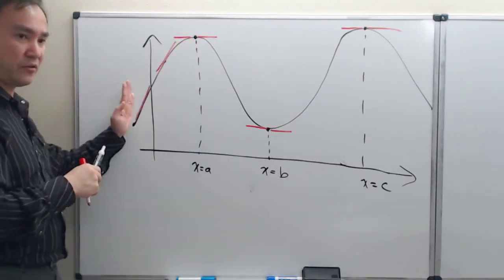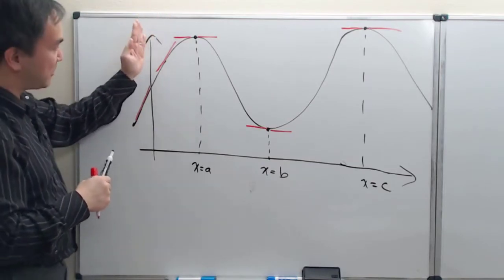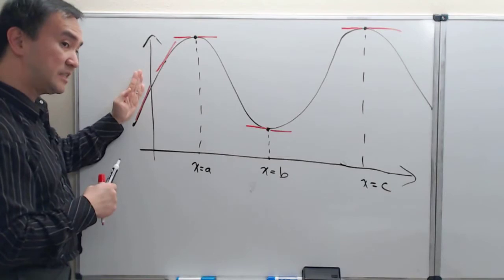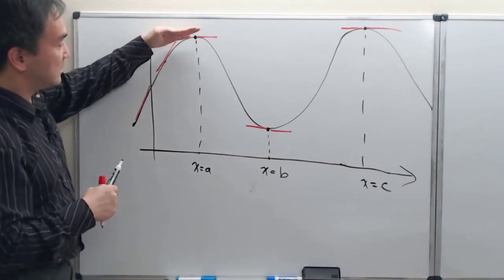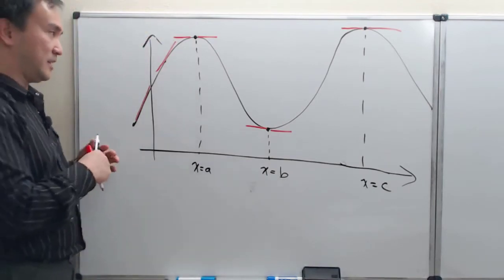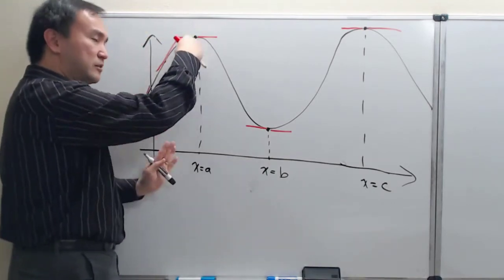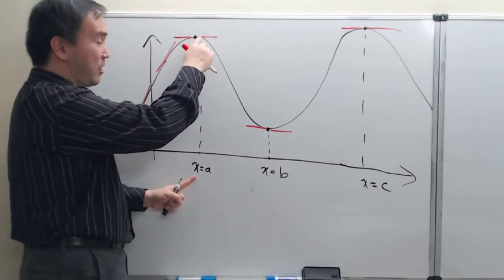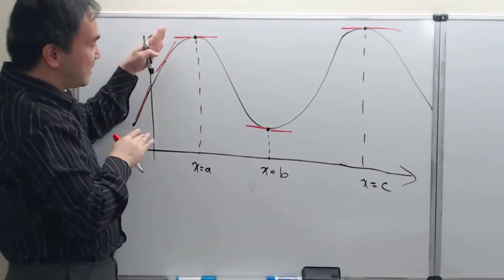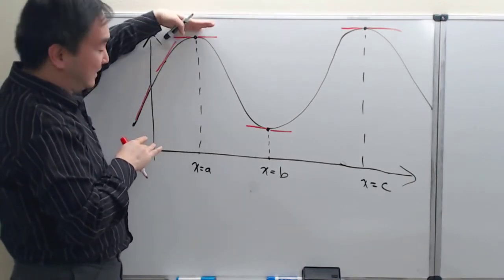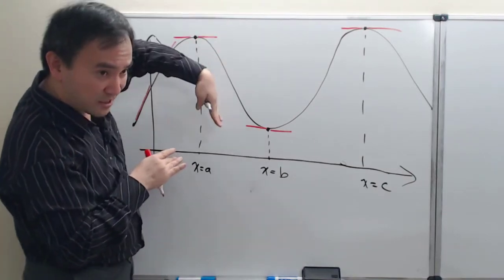From the left to the right, the tangent line is pointing up. It may be pointing up less steep, or quite steep here, but in the end, the tangent lines in a picture like this are all pointing up. And that's why I call these critical values the turning points, because the tangent lines are pointing up, and then it turns to flat, and after that it turns down the opposite way.